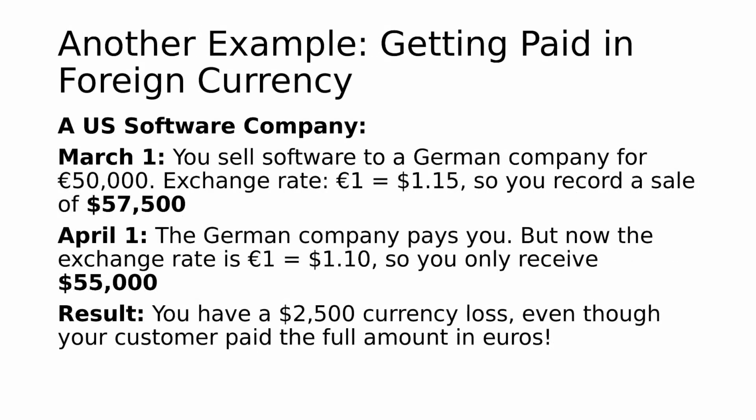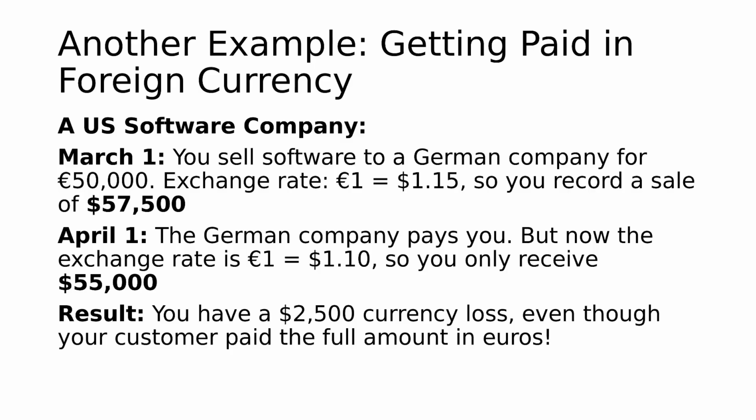Now let's flip the scenario and look at a U.S. software company selling to a German customer. On March 1st, you make a sale for 50,000 euros. At the time, each euro is worth $1.15, so you record revenue of $57,500 in your books. But when the payment arrives on April 1st and the exchange rate drops to $1.10 per euro, those 50,000 euros are now worth only $55,000.